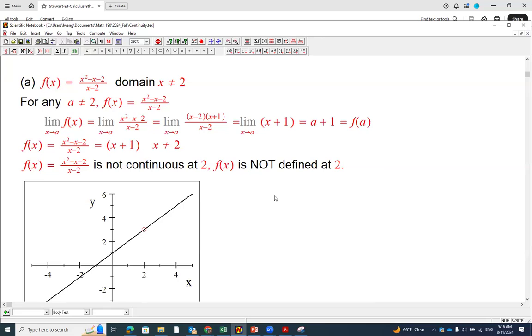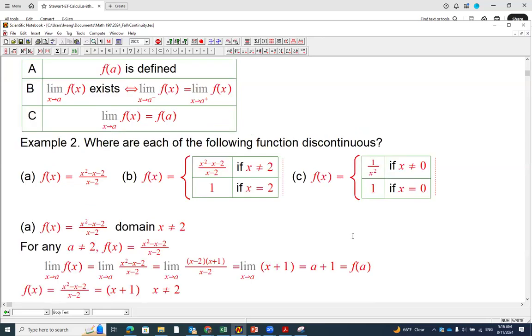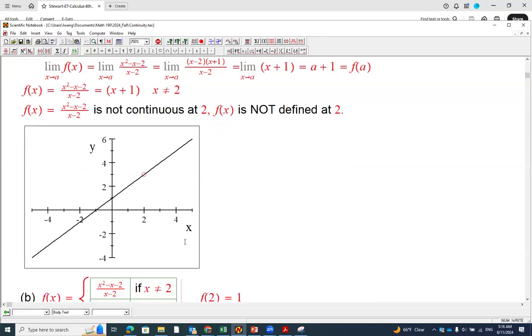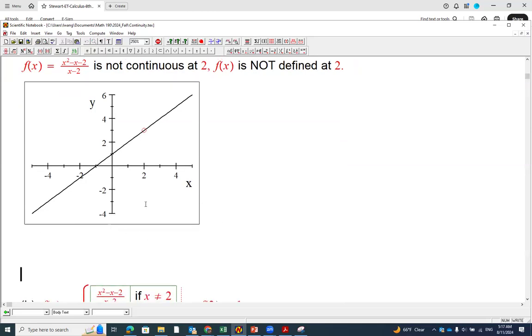So we did B, and of course we have C. Just before we do C, I want to introduce the concept of removable discontinuity. What is removable discontinuity?